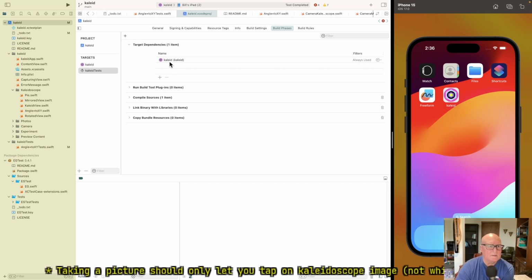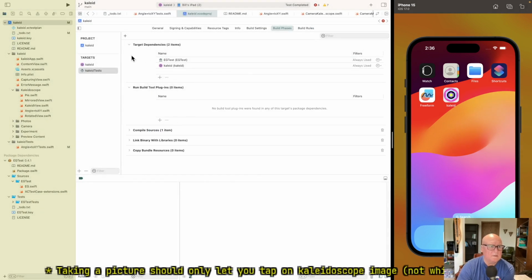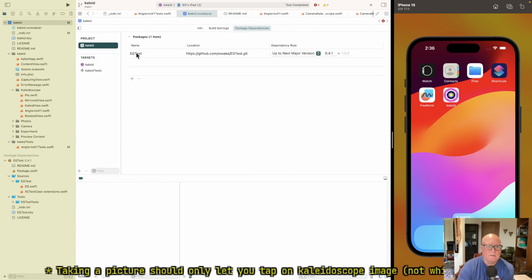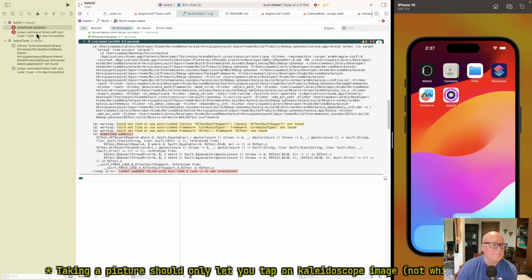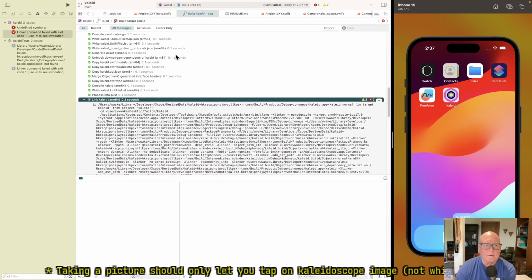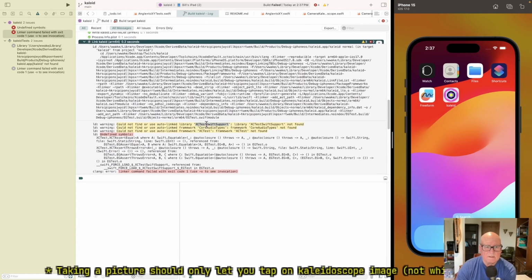Target dependencies. Collide. Maybe this needs it too. And this doesn't? Oh, there we go. Okay. Could not find XCTest Swift support. Core audio tests. Could not find XCTest. That's just weird.